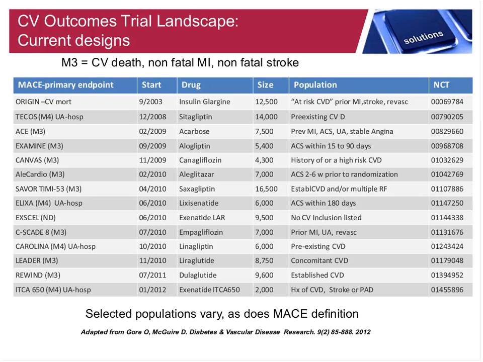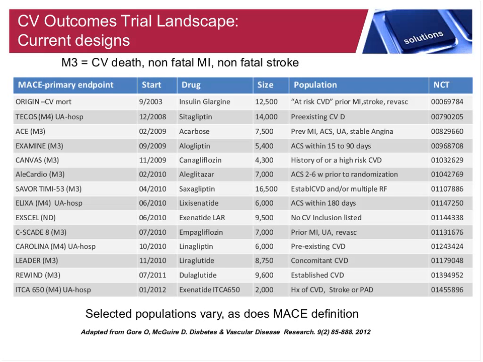The conclusion from this slide is that the selected populations vary, the size varies, and the MACE definition varies. What is quite interesting is that the population is different for every study, at least in what's listed in clinicaltrials.gov about the kinds of patients being selected to increase the MACE rate above the general background rate in a type 2 diabetes population.